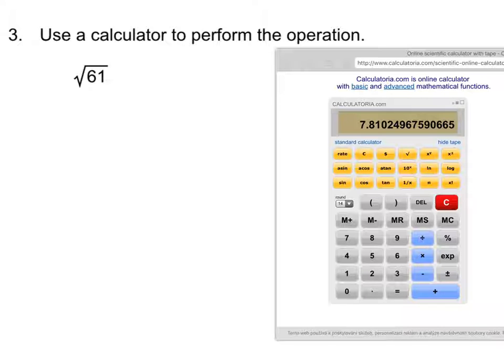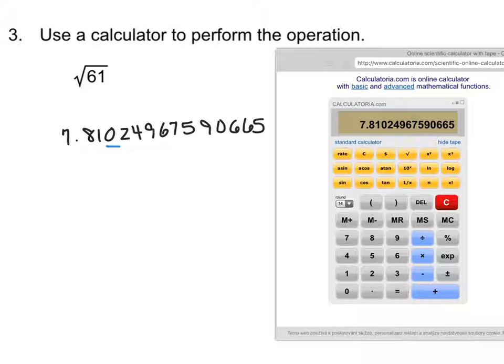But for this case, we just want to compute the square root of 61, and we're going to round to 2 decimal places. In order to round, we're going to take this decimal, 7.8102496759065, and we're going to locate the third decimal place, which is a 0.